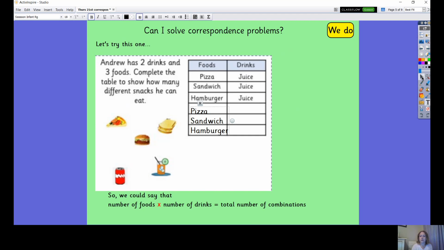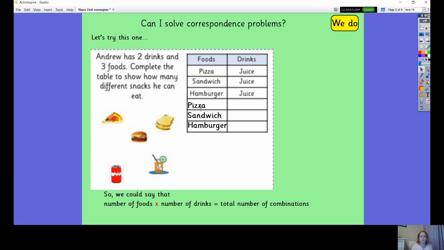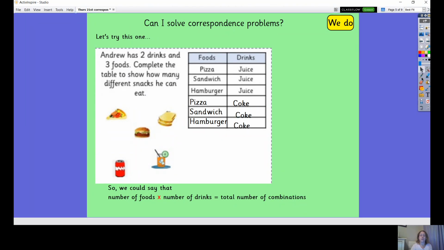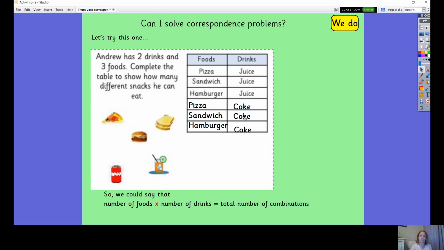I'll just put all of them in one go because it's easier to type that way. So I've got my pizza, my sandwich, and my hamburger, and they are going to be with Coke each time. So I've got my pizza with my Coke, and then my sandwich with my Coke, and then my hamburger with my Coke. None of them are mine, actually. They all belong to Andrew because it's Andrew eating it.